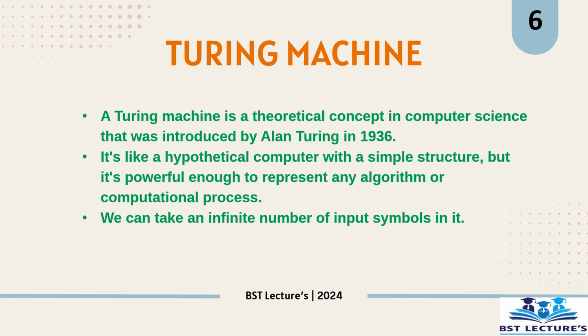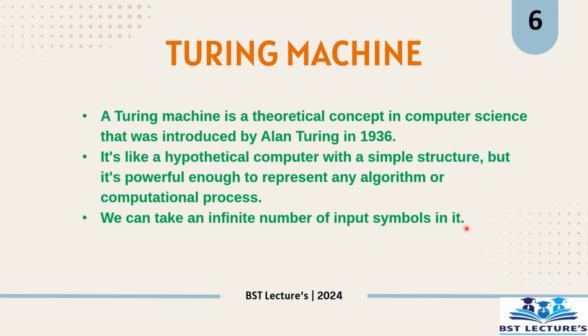And now we are going with the Turing machine. In Turing machine, we have an infinite number of input tape symbols. This is one of the biggest advantages in the Turing machine. We can take an infinite number of input symbols in it.